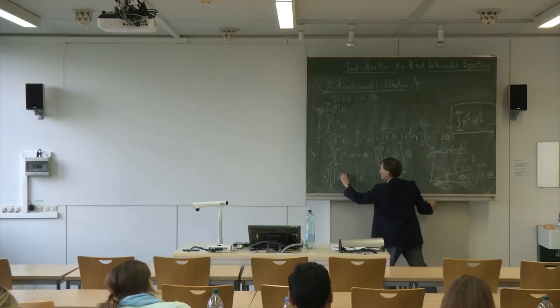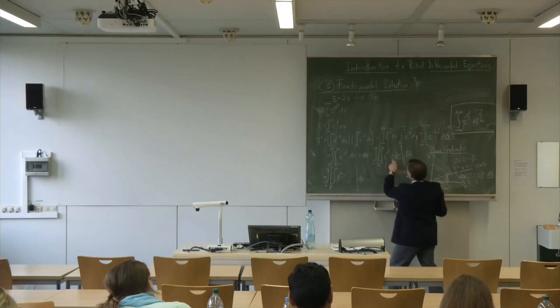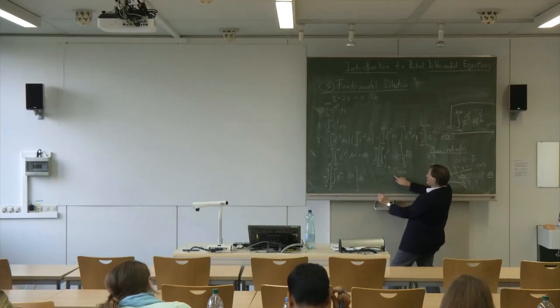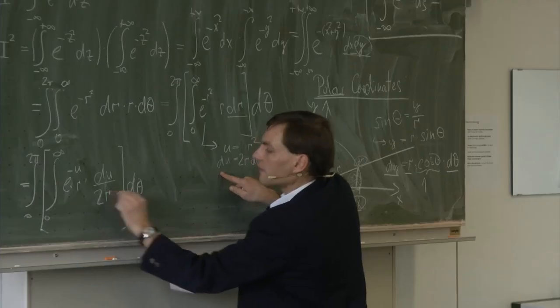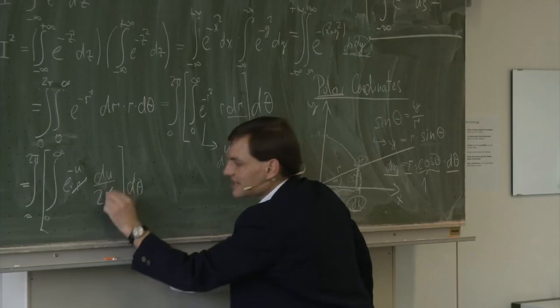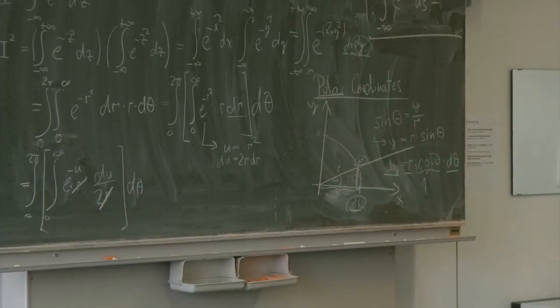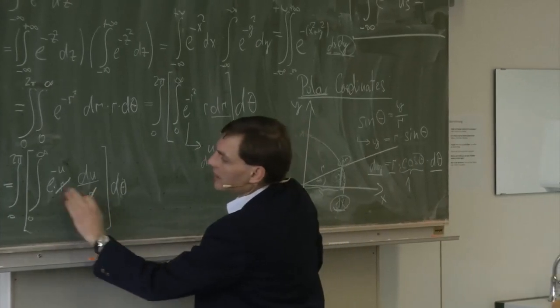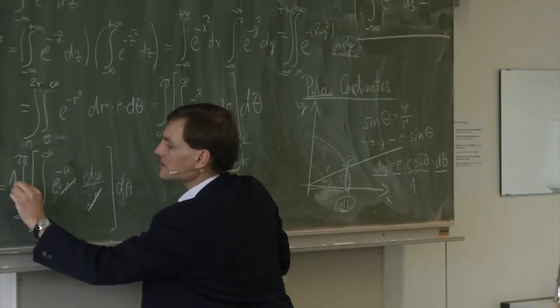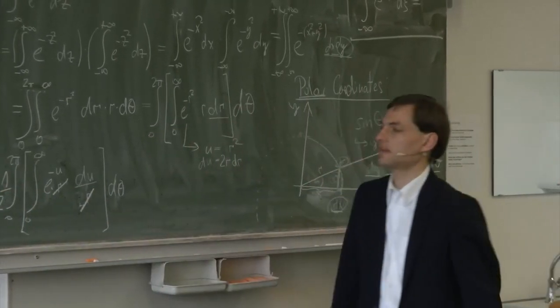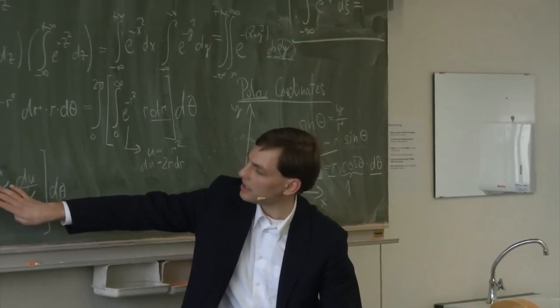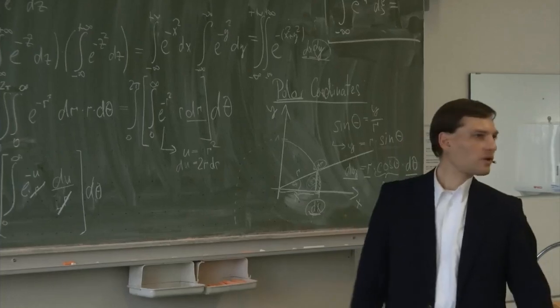Then I have an r times r, and for dr, I write du over 2r. Then this r cancels out, and that was my intention. And here I have 1 over 2, and I can bring the 1 over 2 outside the integral. That's a constant. And then what I have to do is just this integral, e to the power of minus u with respect to du.